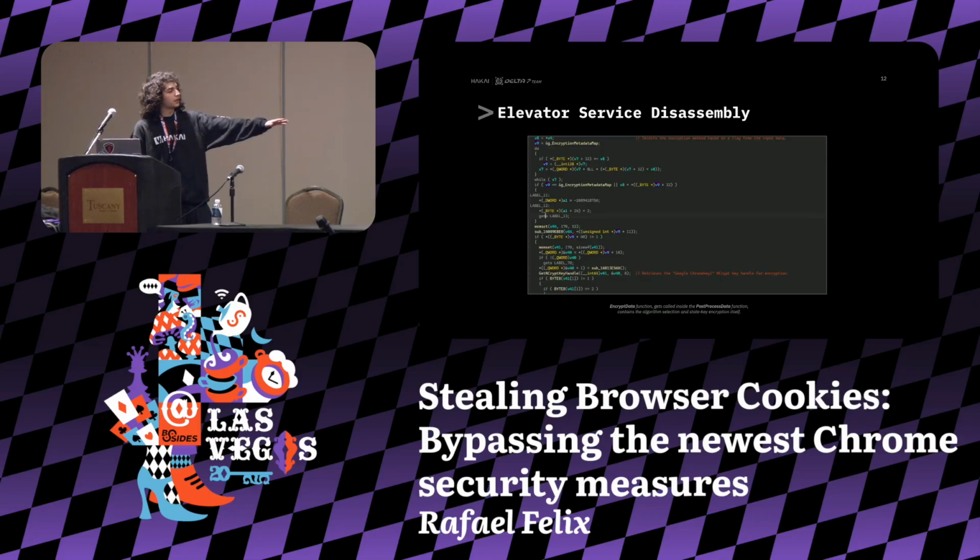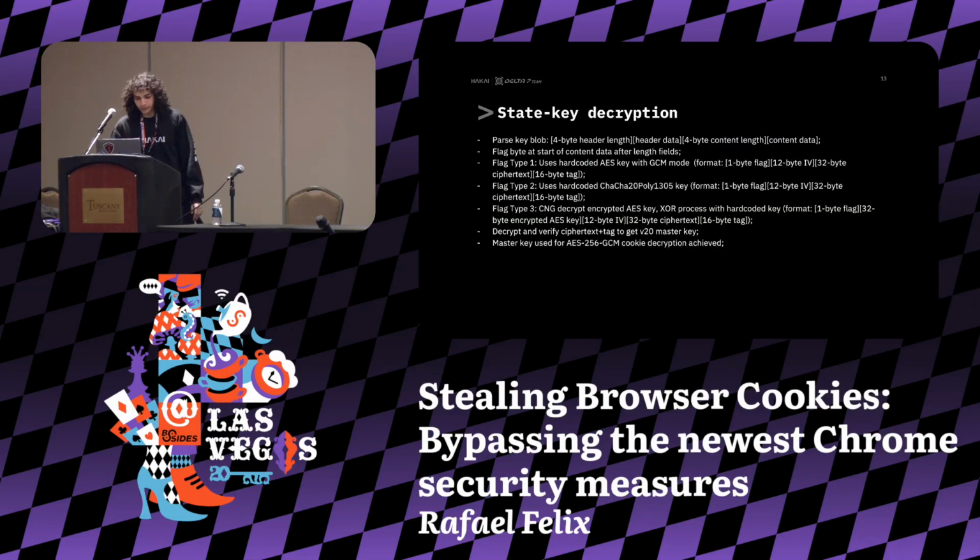Actually, I wrote this talk 2 months ago, and they changed it recently, and this talk is updated, so you guys will get the fresh technique here. So yeah, here we get the global encryption metadata map, which holds the keys, and then this function encrypts with those keys. So let's get to the format.